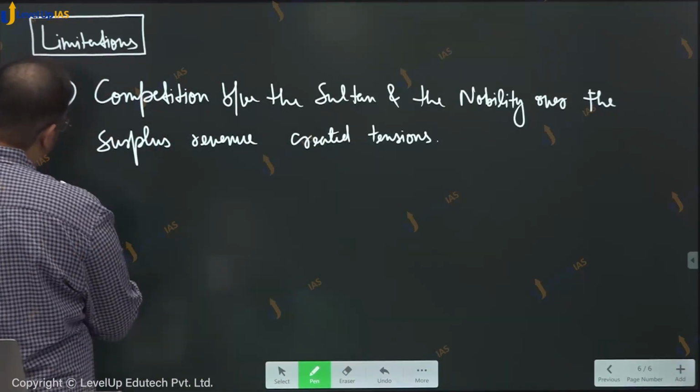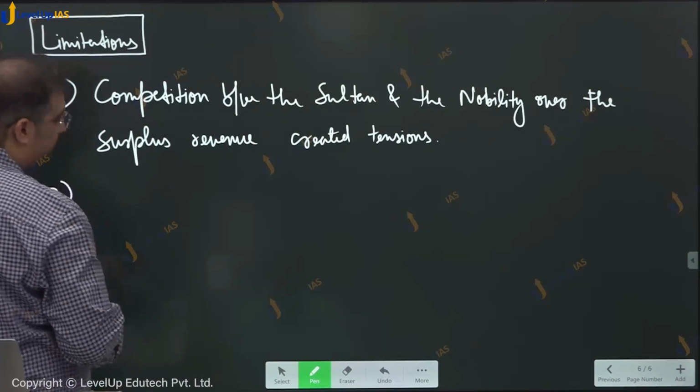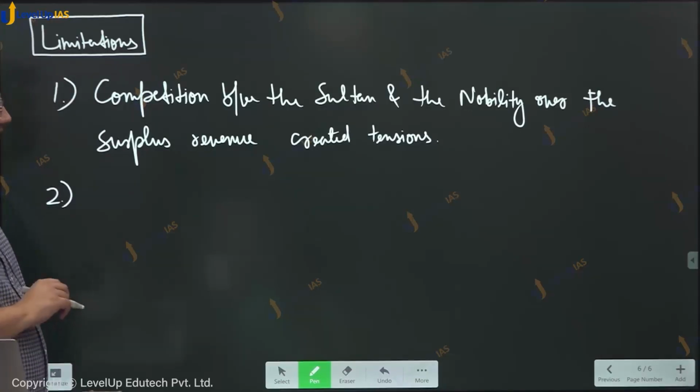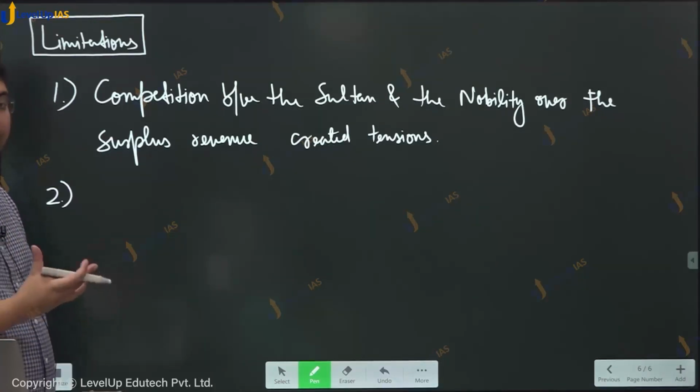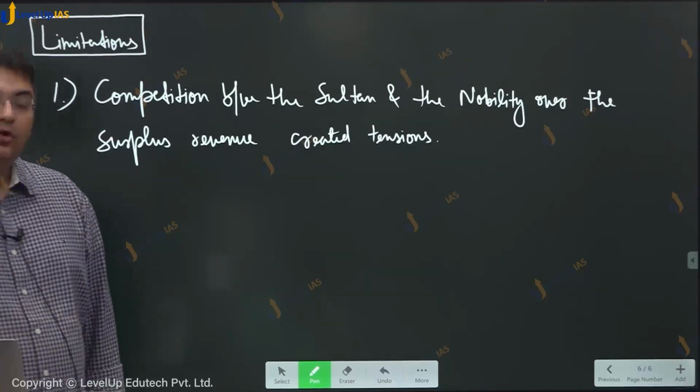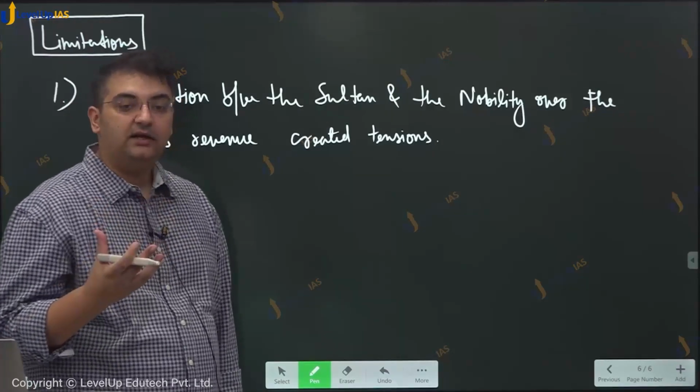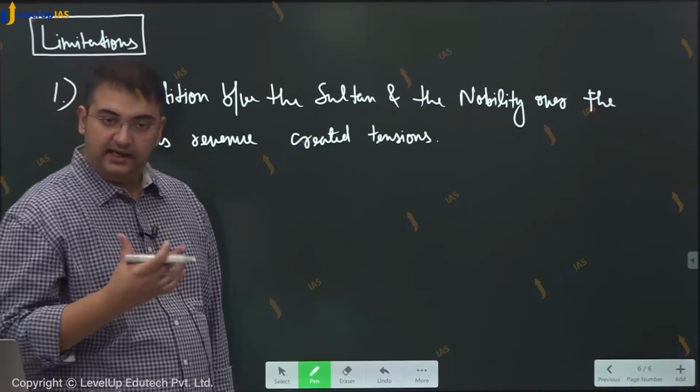दूसरा प्रॉब्लम क्या था इसका? That it had been based on the flawed concept of linking the ambitions of the nobility with land, right?